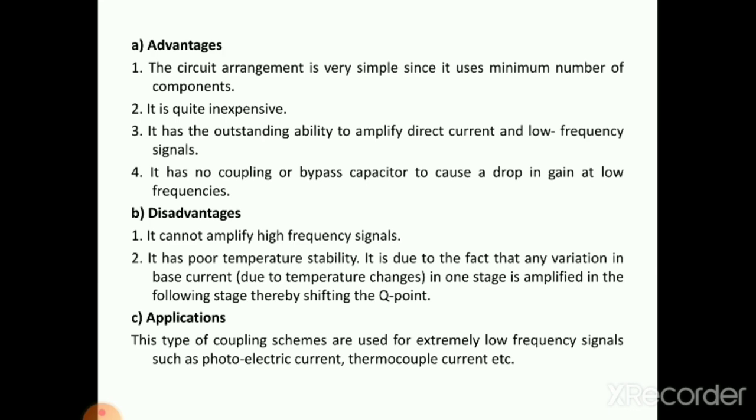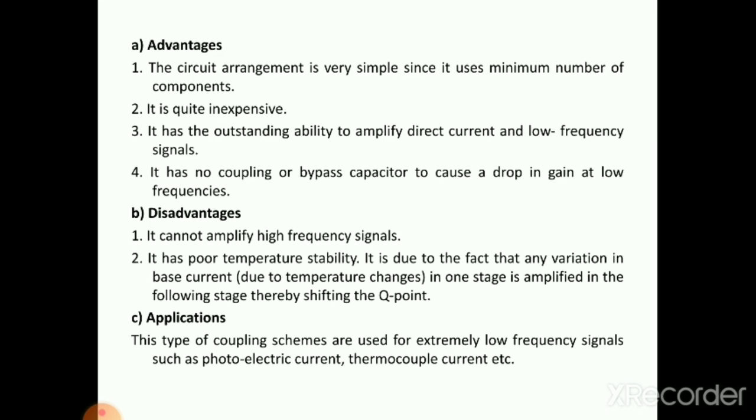So it can amplify direct current, DC, and signals less than 10 Hz, which is literally equal to direct current, and low frequency signals. It has no coupling or bypass capacitors to cause a drop in gain at low frequencies.